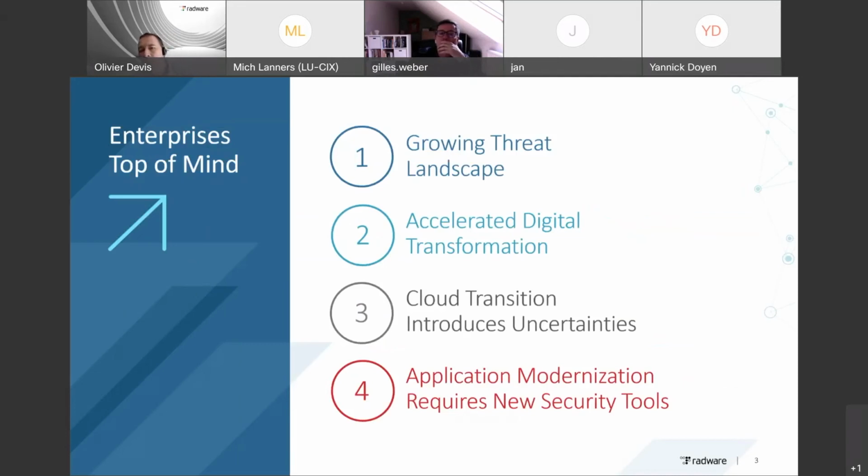Then we see companies moving to digital transformation, think about the period with COVID, which accelerated certain adoptions. The third is the cloud transition, which also brings threats and uncertainties. The fourth is where we go in the future with application modernization.